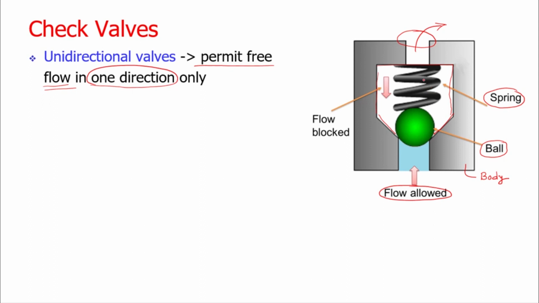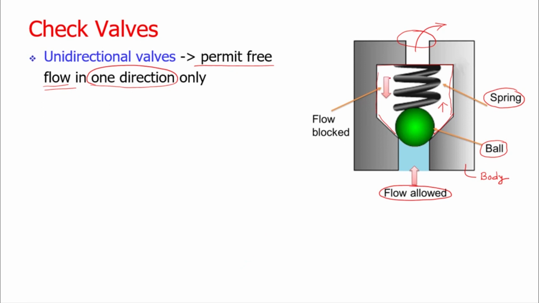But when the fluid pressure increases, when the inlet pressure increases above the pressure applied by the spring, there would be displacement of the ball against the spring due to the fluid coming in, and in that way we can have the flow of fluid from only one direction.